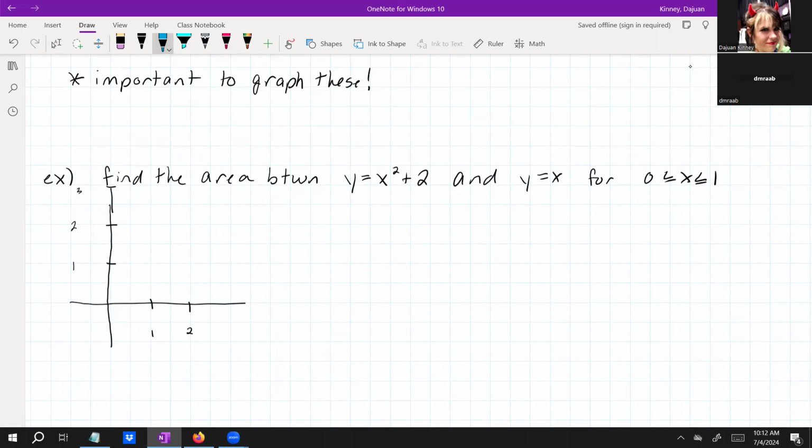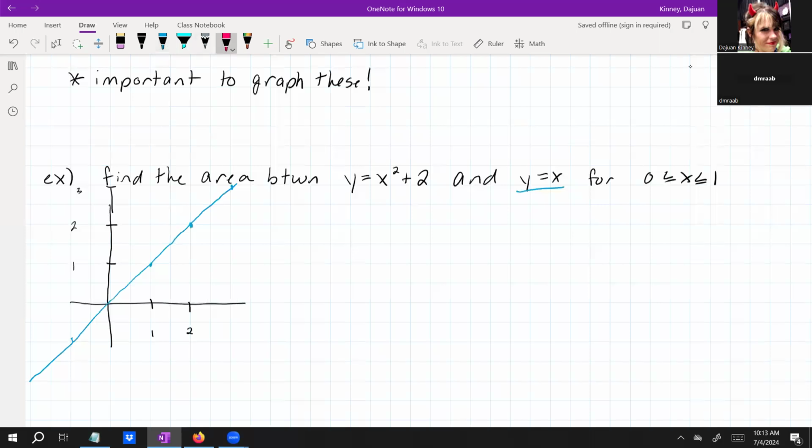First thing I'm going to do, we're going to find the area between y equals x squared plus 2 and y equals x. This is the easy one, so I'm going to graph it first. There we go. 3, 3 would be here. All right, and I'm not going to shade anything yet because I don't know where to shade.